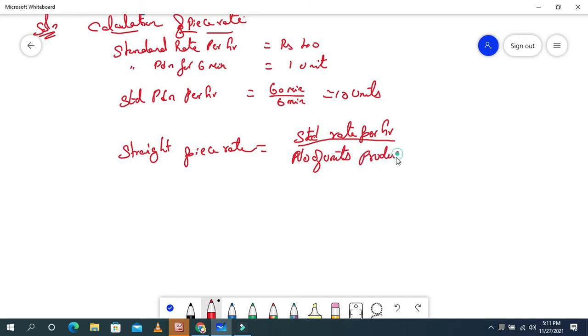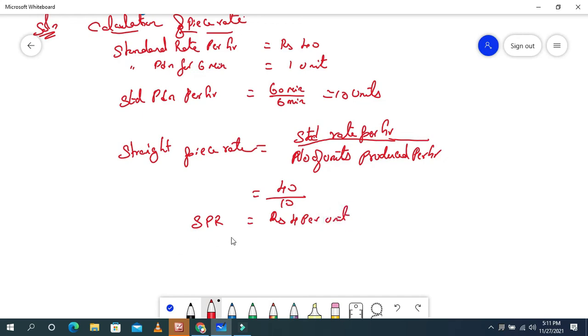We know that the standard rate is rupees 40 and the number of units produced per hour is 10. So the standard piece rate gets rupees 4 per unit.